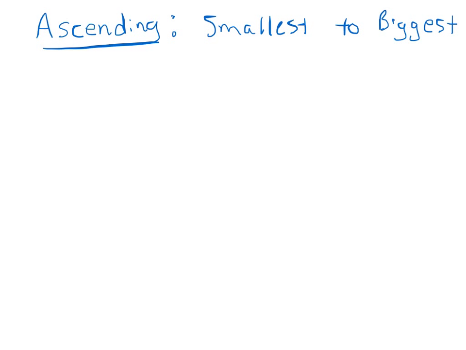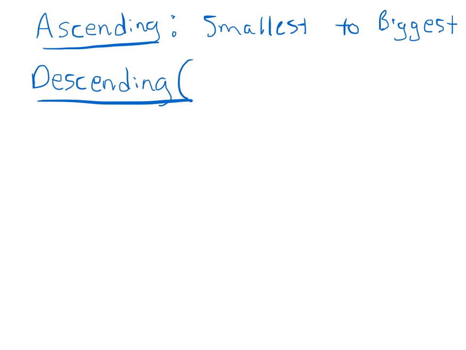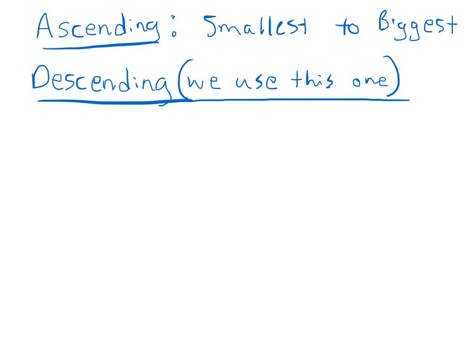The other one, and we're going to focus more on this one because this is a standard form that we use, is called descending. Okay. And let's put a note here that we use this one, because that's really important. That's why I'm not even going to focus too much on the ascending. Like if you have a descent down the mountain, you are descending down something. That means that you're starting at the top and going down.